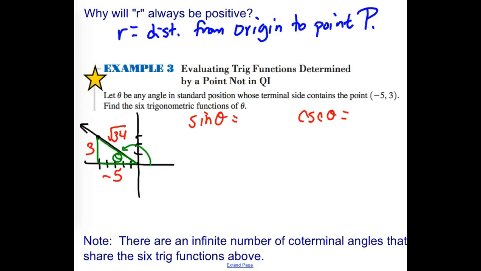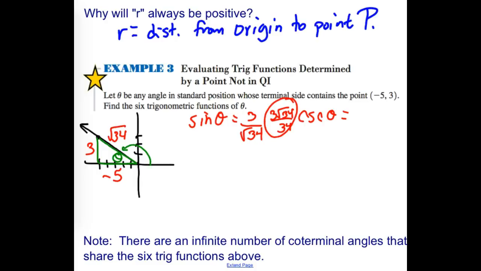What do we get for sine? Opposite over hypotenuse, y over r. 3 over root 34. Rationalized, we'd have 3 root 34 over 34. Okay?